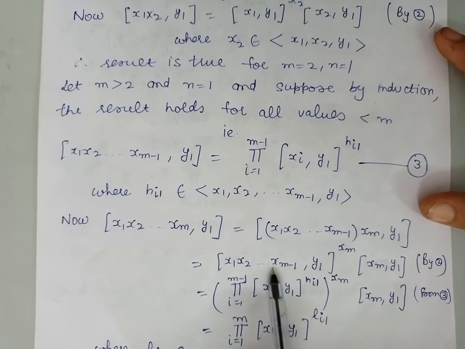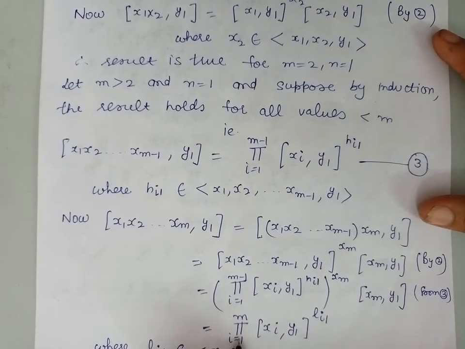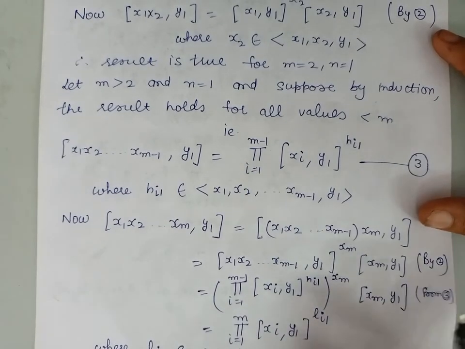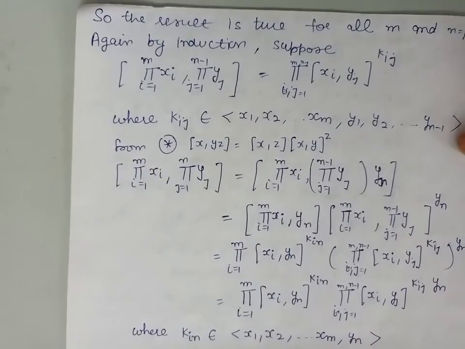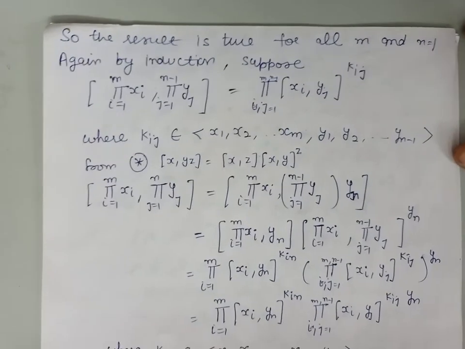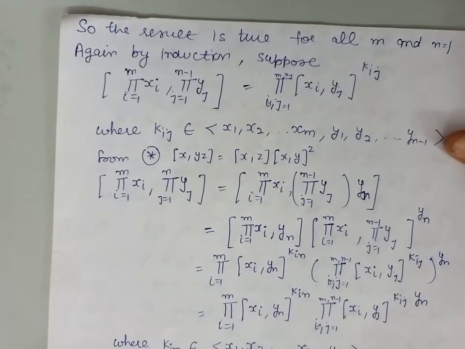And this expression can further be written as the product of the commutator xi with y1 in the power we have li1. This li1 belongs to the set generated by the elements x1, x2, x3 up to xm and y1. Now, we have proved the result is true for all m and n is equal to 1.